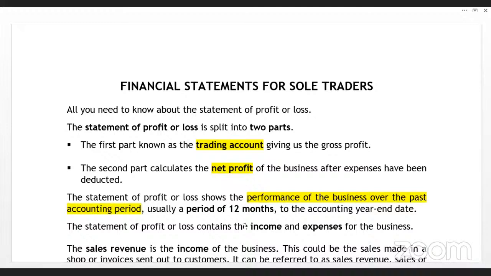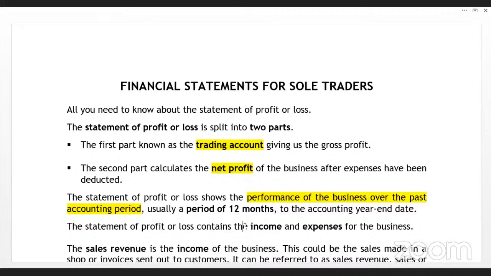When we talk about the accounting period, normally here we are referring to a period of 12 months.